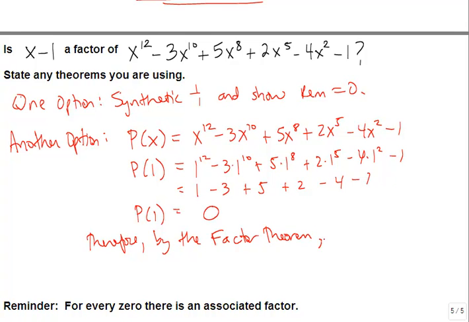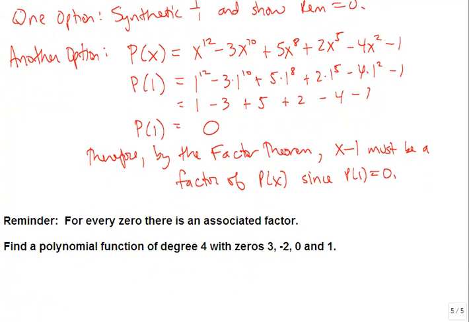By the factor theorem, x minus 1 must be a factor of p of x since p of 1 was equal to 0. Now you could have also used the remainder theorem here as well, but the factor theorem here is the quickest way to just claim that something is a factor of something else. So that's why I used the factor theorem.